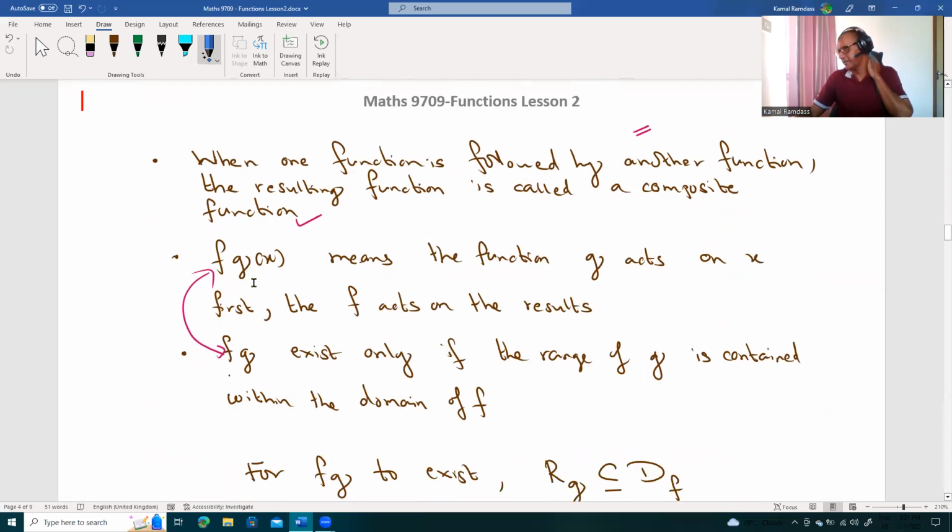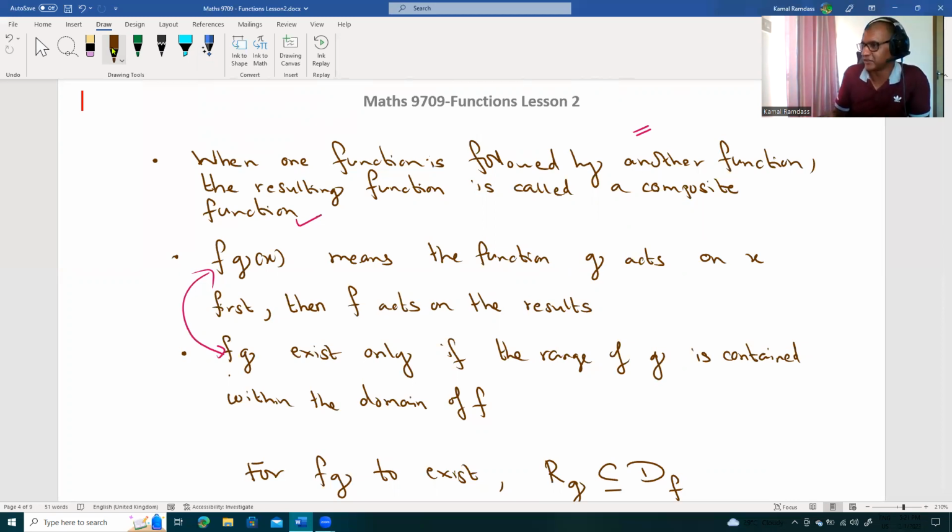F of g(x) means the function g acts on x first, the inner function acts first, then f acts on the result of the inner function. Okay. F of g exists only if the range, this is a very important criterion.